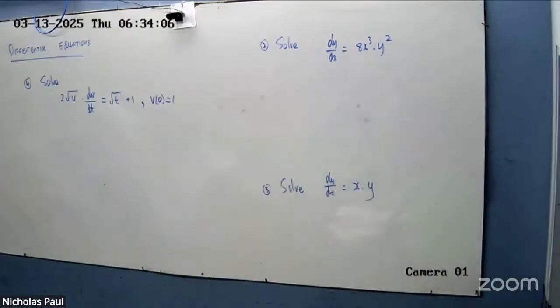We have 3 to do, and then we take a look at formulating one. You gotta make y the subject in the end. Integrate both sides and then make y the subject.